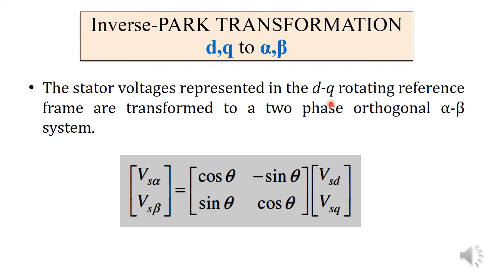The D axis is aligned with the rotor flux vector. So the DQ frame rotates along the rotor flux vector in this case. And this is the inverse transformation matrix. What is the necessity of inverse Clarke and Park transformation, that we will discuss in the next session.